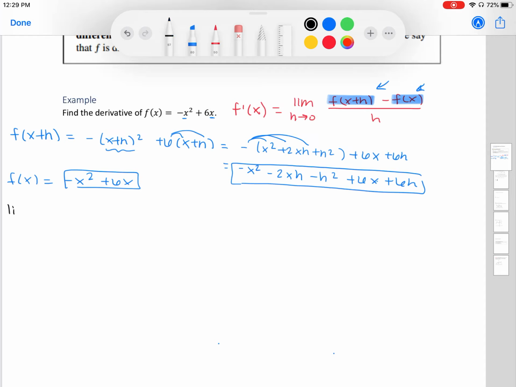So that I have the limit as h is approaching 0. First we have negative x squared minus 2xh minus h squared plus 6x plus 6h. Plus, and then we have our other function. But remember, we're subtracting, so we have to distribute that negative.